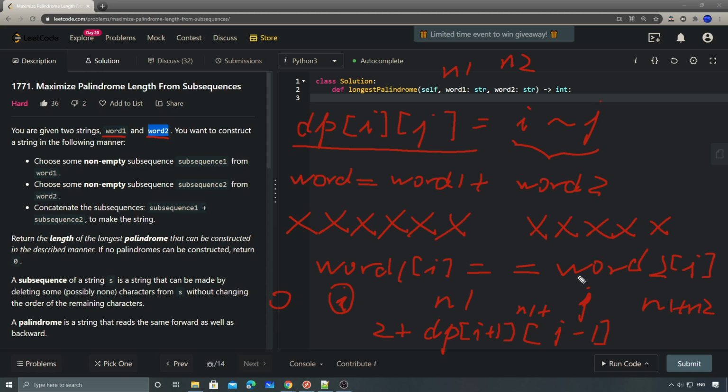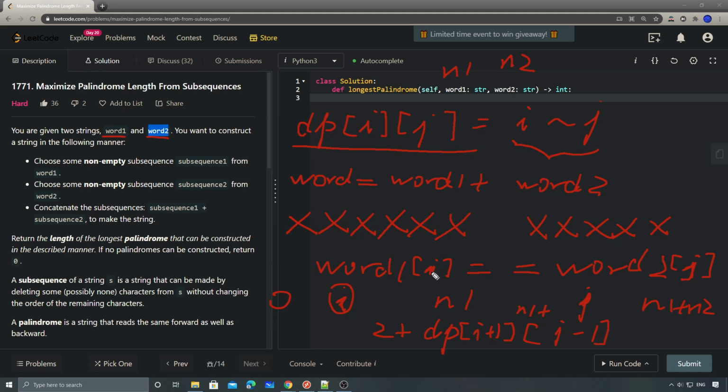Since we're saying that if word 1 I is equal to word 2 j, it means that basically there has to be a palindrome between I and j because they are the same, even though there's nothing in between.